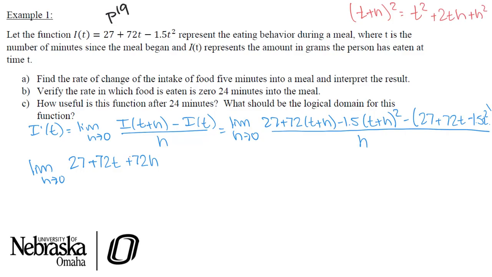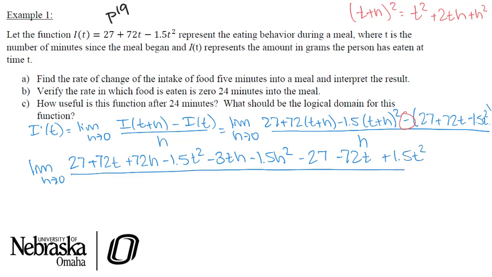And then I'm also going to distribute our negative 1.5, so we get minus 1.5t squared minus 3th minus 1.5h squared. And now we can also distribute our negative here, so minus 27 minus 72t plus 1.5t squared.